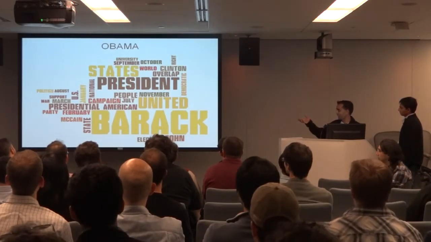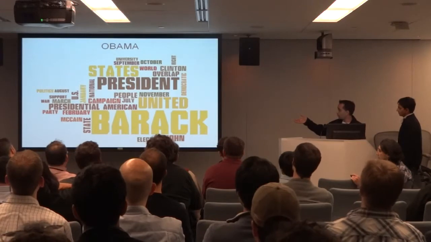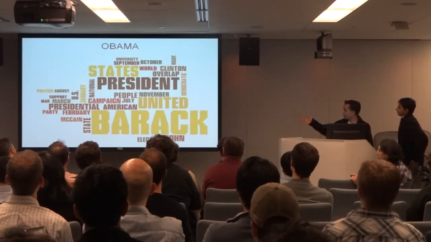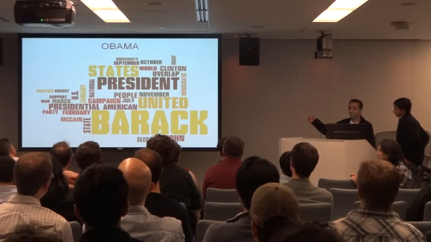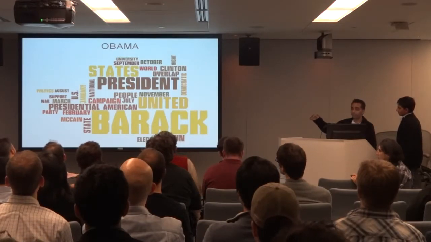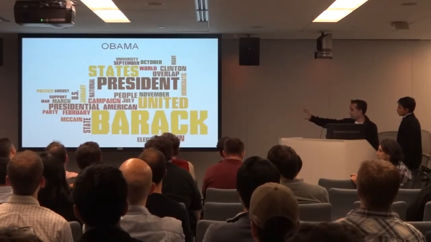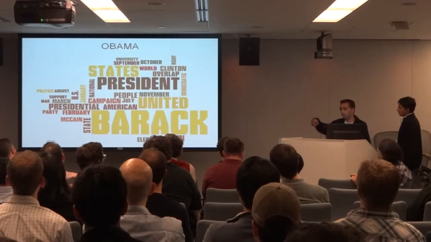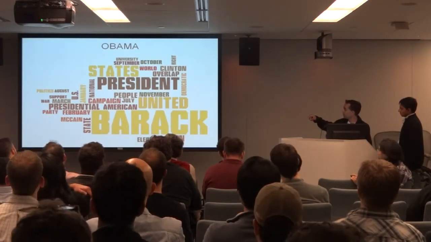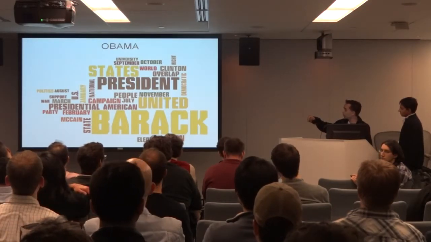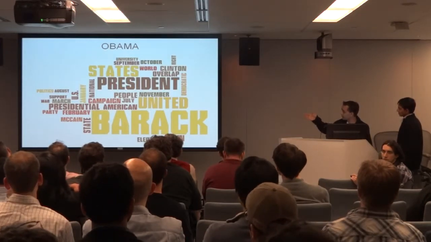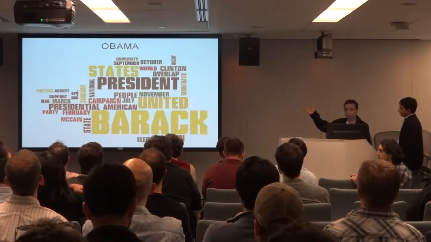We can see that the word Barack has the biggest font size, indicating a very high correlation and a very high relevance to the word Obama. How we determine relevance is something that we are going to go into in the next few slides. Some of the other words which are important are president, United States, campaign, and so on.